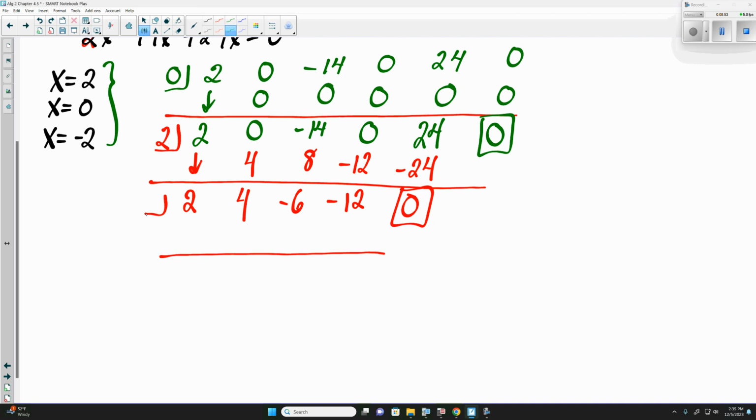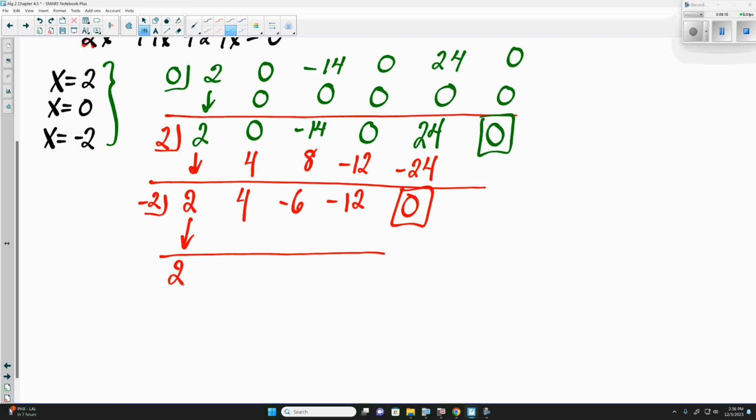And well, they did give us one more, yes? -2. Because each time we do this division, we do decrease the degree by 1. So it's gone from a degree 5 to a degree 4, 4 to 3. And if we do this one more time, it will go from a degree 3 to a degree 2.